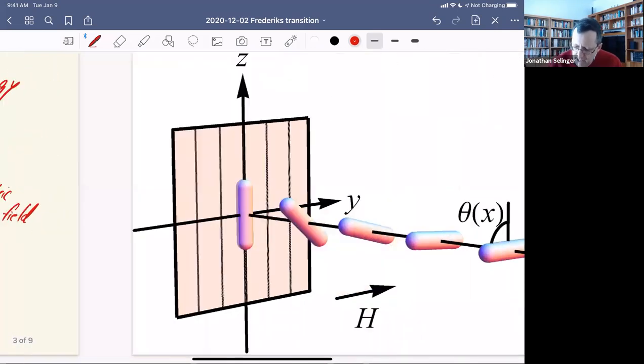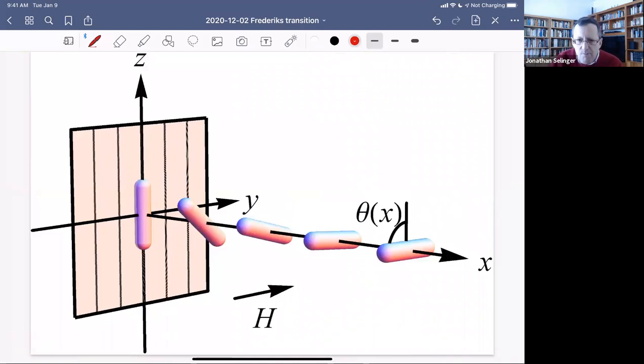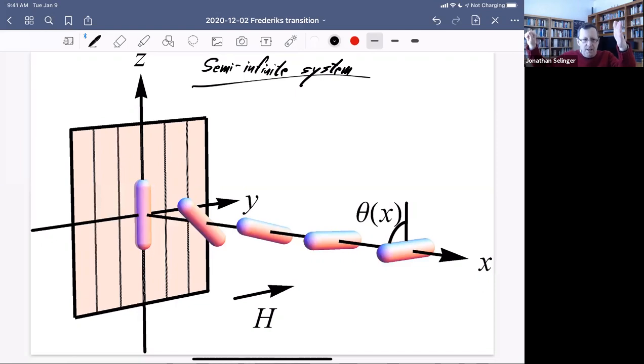Here is version number 1. This is in a semi-infinite system. You remember we had the word semi-infinite system earlier in the semester. What this means is a system that has a wall on one side, but it goes off to infinity on the other side. So it's bounded on one side, but it's infinite on the other side.